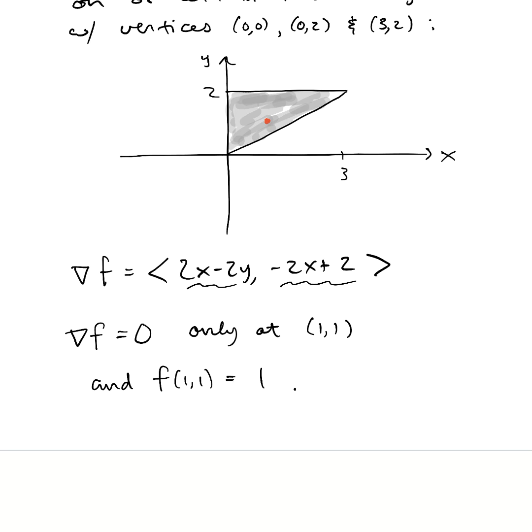Now you can see the boundary consists of 3 pieces. Can we call this piece L1 and this piece L2 and this piece L3? Each of these problems, when you assess the boundary, becomes 3 or more, depending on how many edges the boundary has.